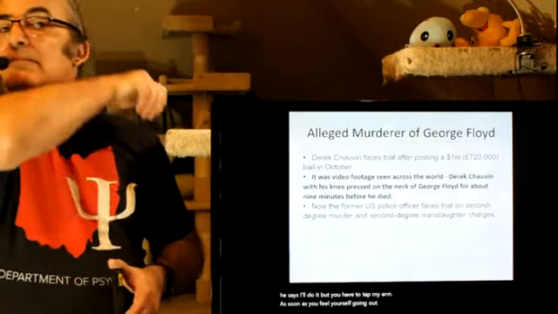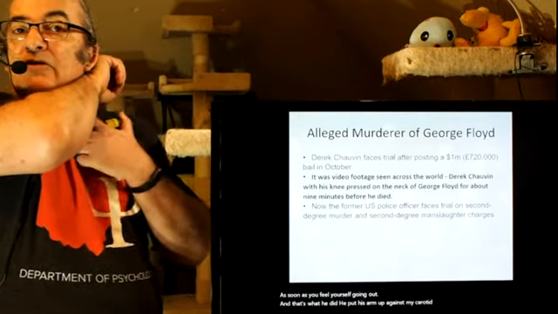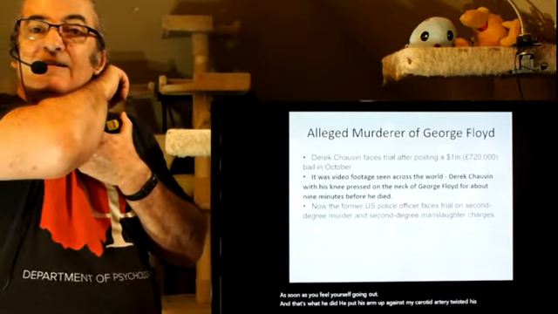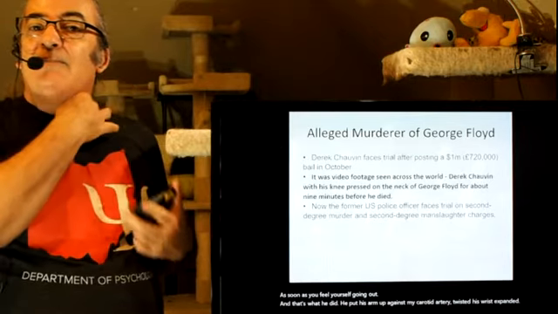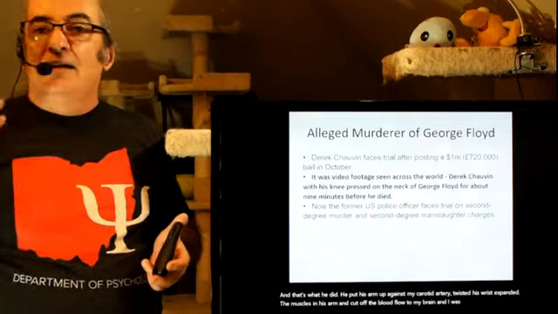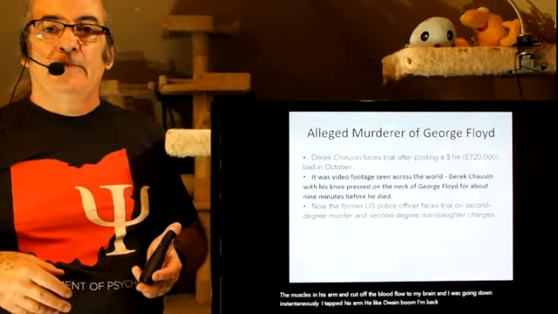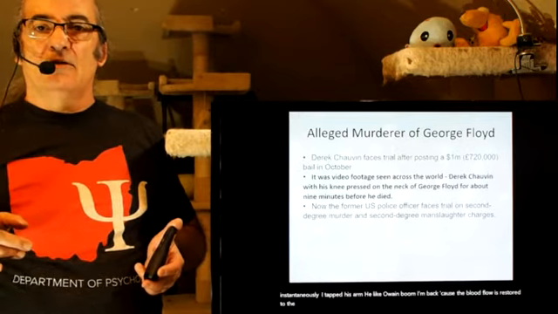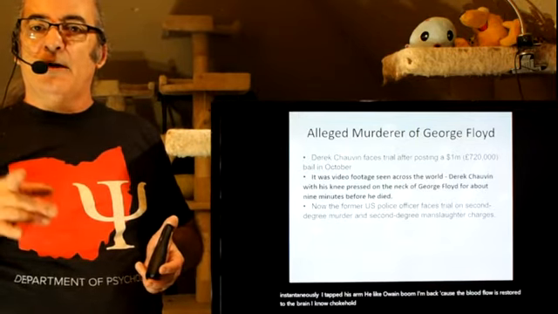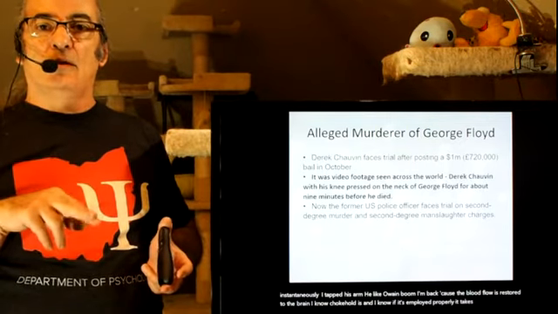And that's what he did. He put his arm up against my carotid artery, twisted his wrist, expanded the muscles in his arm, and cut off the blood flow to my brain, and I was going down instantaneously. I tapped his arm, he let go, and boom, I'm back because the blood flow is restored to the brain.